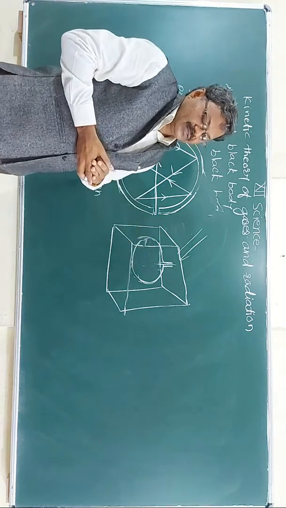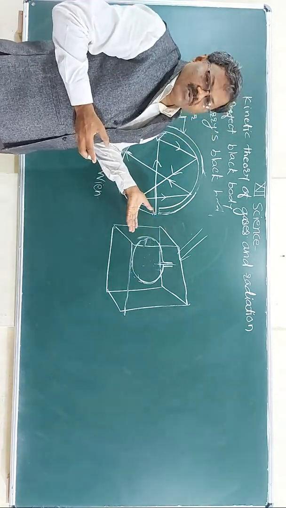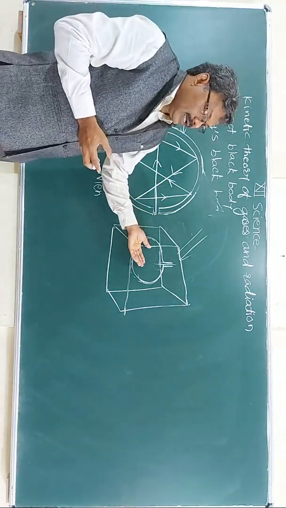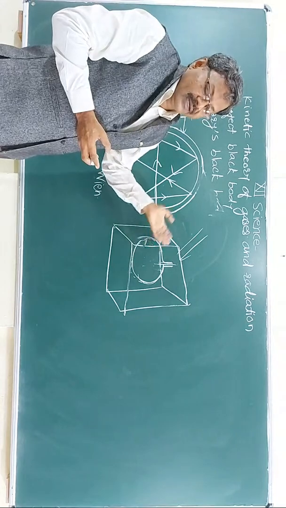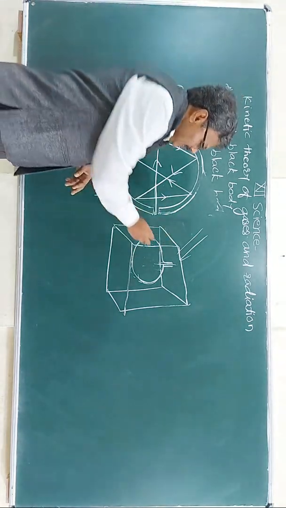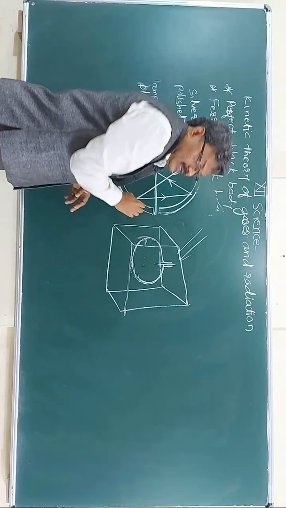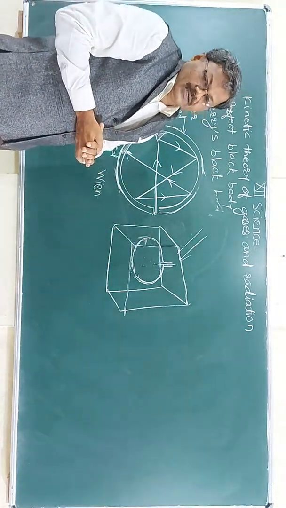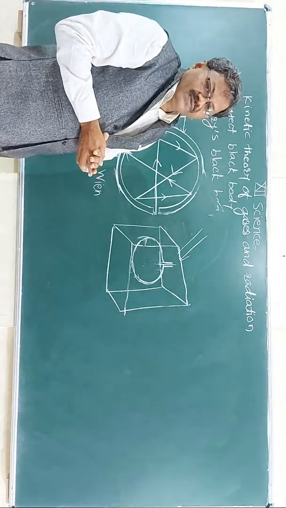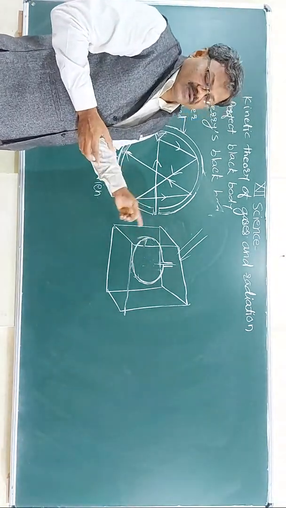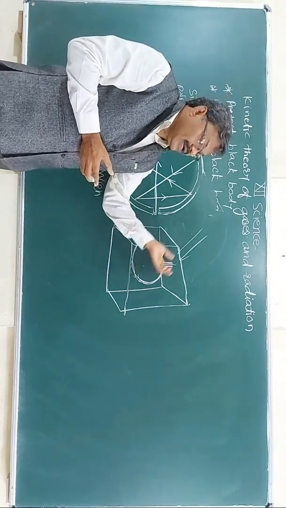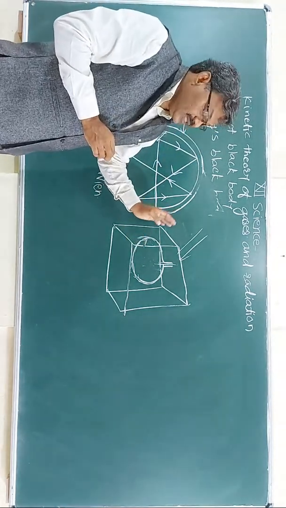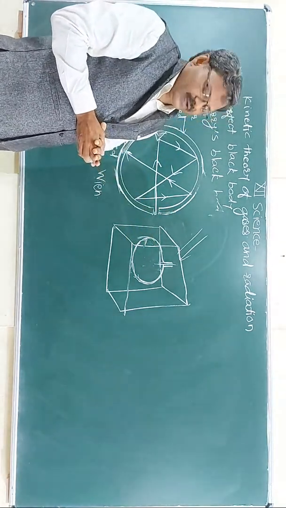When the temperature of the block increases, it radiates more energy, and this cavity acts as a perfect black body. This radiation of heat resembles the radiation of a perfect black body.